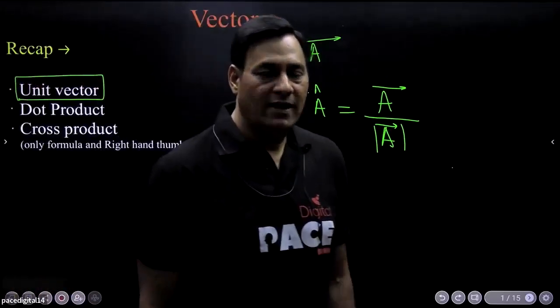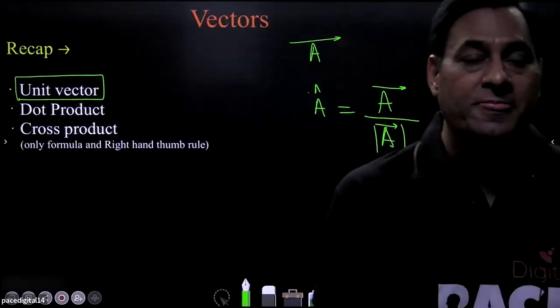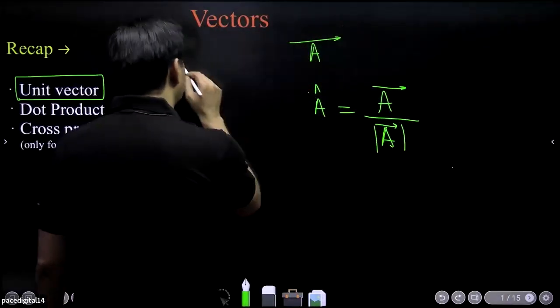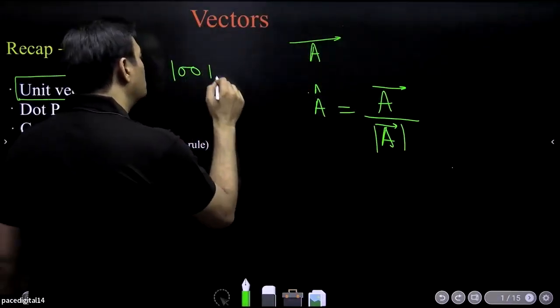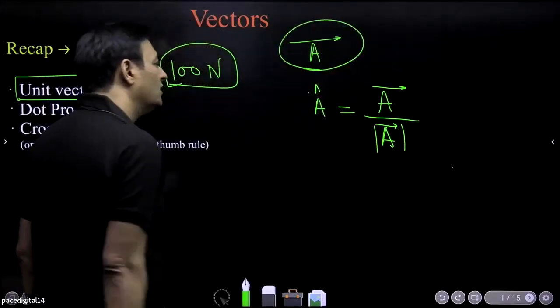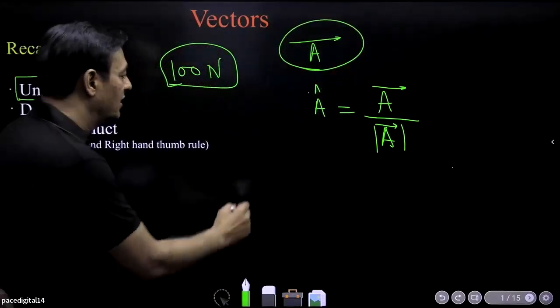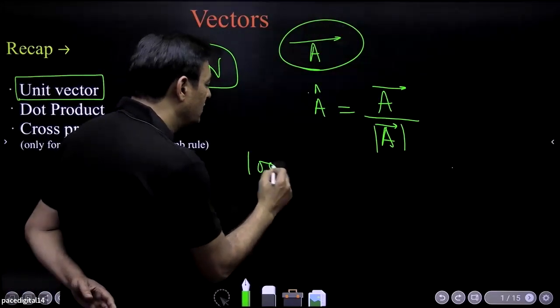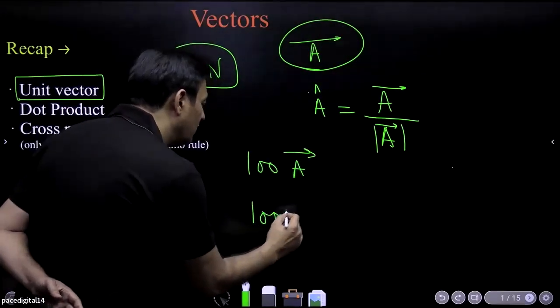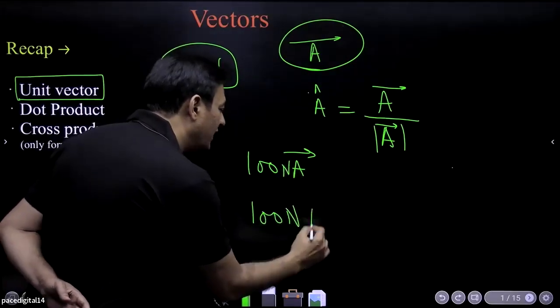Great. Now, if I tell you I want a vector which is a 100 Newton force acting in the direction of this vector, how will you write it? Can you write 100 into A, or should you write 100 Newton into A cap?